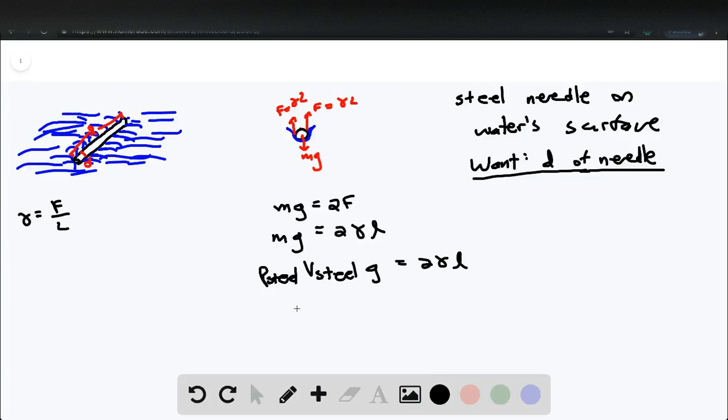So we can just leave rho steel as a constant. The volume will be this length L times the area of the needle, which will be a circle. So that's pi r squared, but r is d over 2.